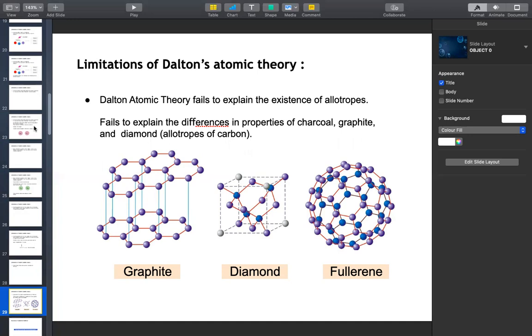Allotropes you learned in class 10th, right? So he doesn't tell anything about the allotropic forms of carbon. Graphite, diamond, fullerene have different structures, but they have only one thing in common, that is carbon. They all are made up of carbon. So his theory doesn't tell anything about the structure.